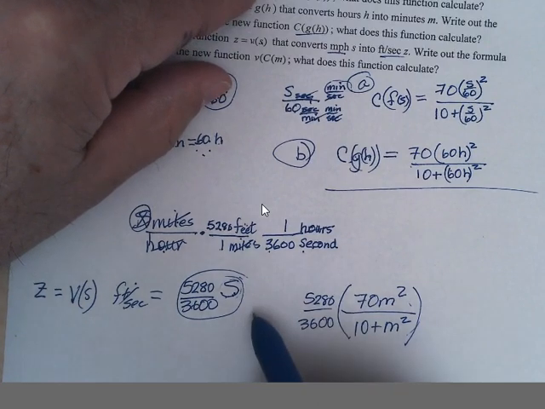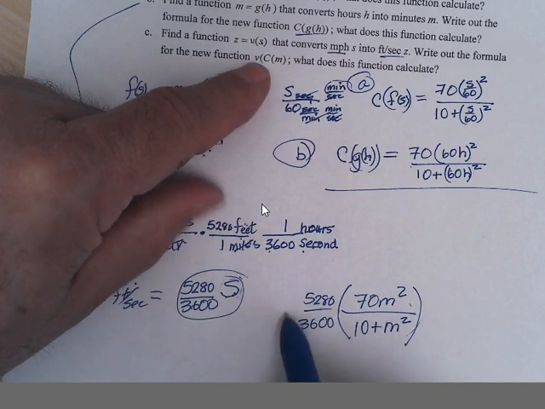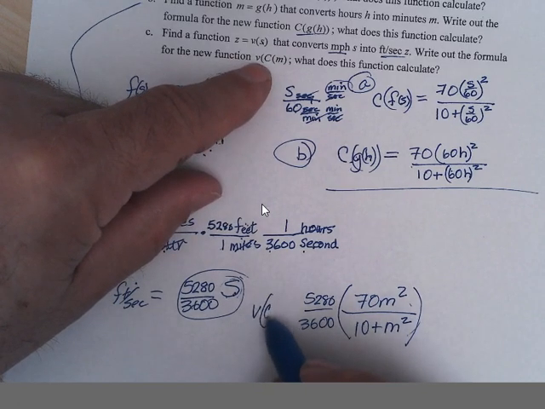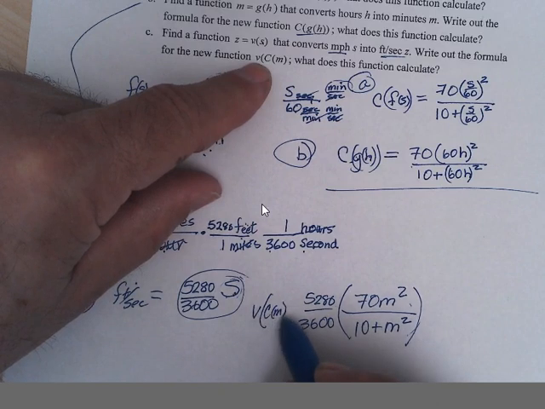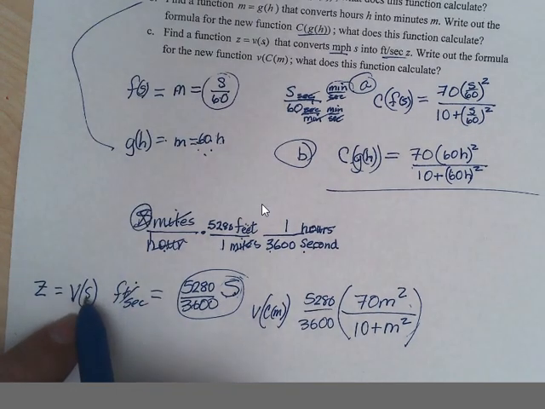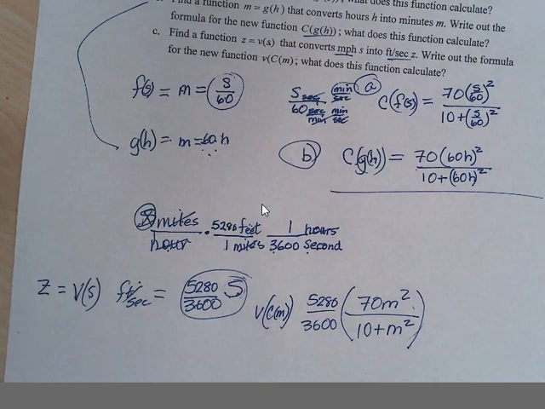And this would be what they wanted for that answer, which is V putting C of M inside of V. V takes S, the speed, C gives us an S, and we put it in V.